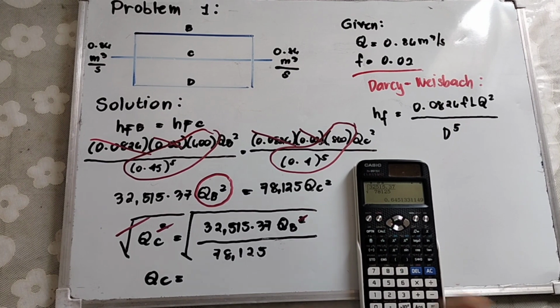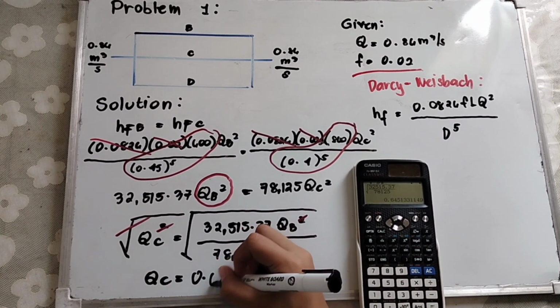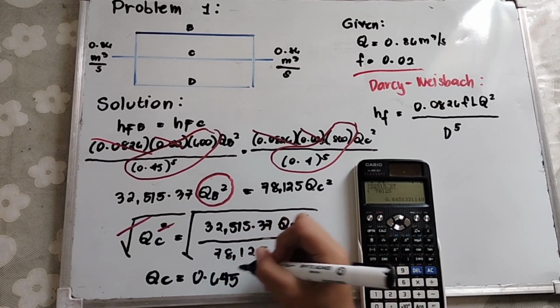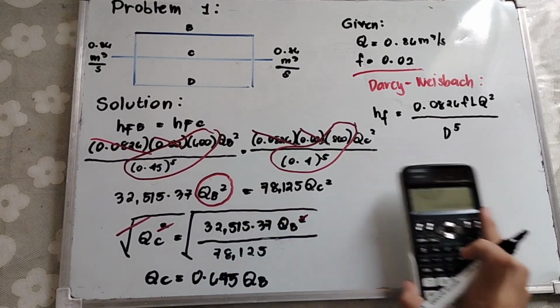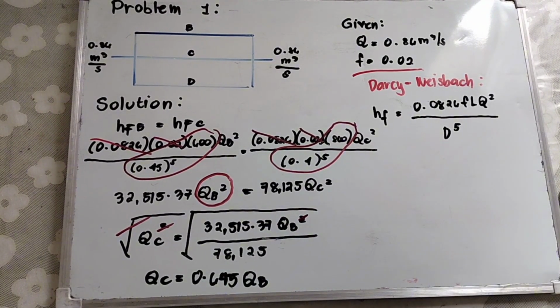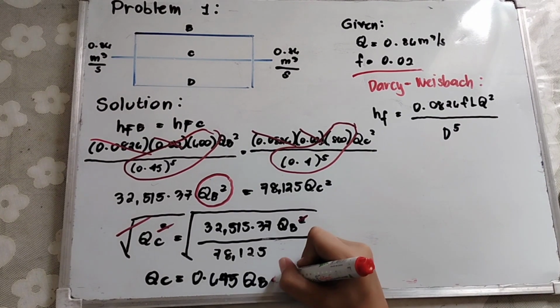Therefore, our QC equals 0.645 times QB. So, this will serve as our first equation.